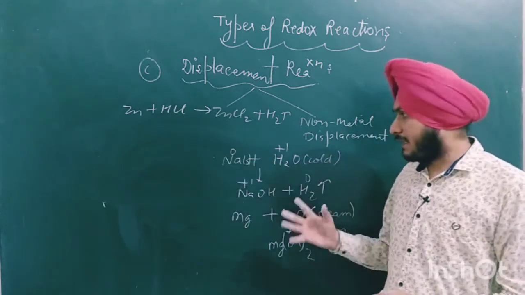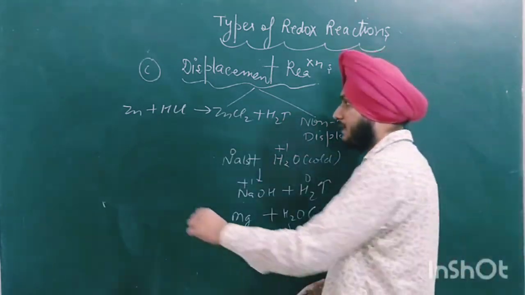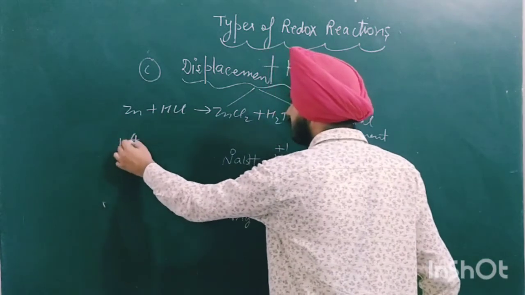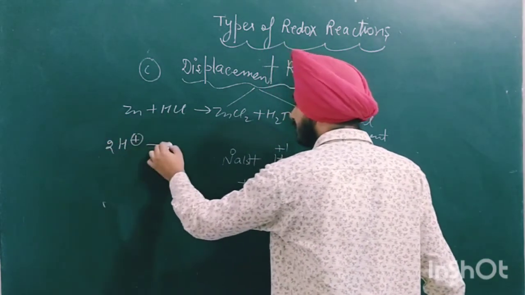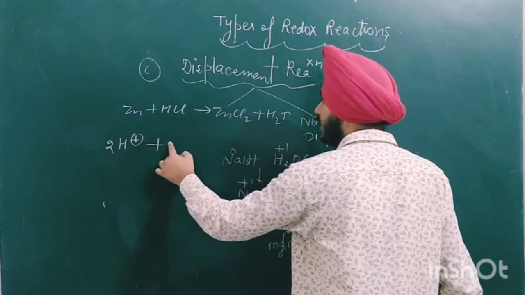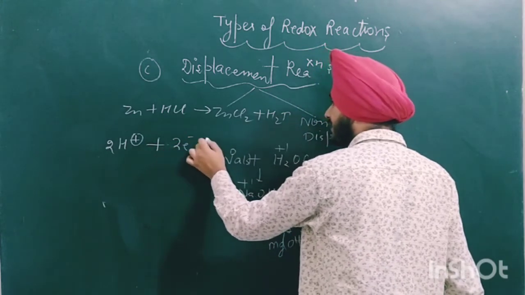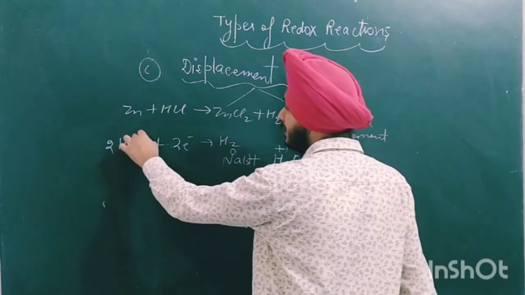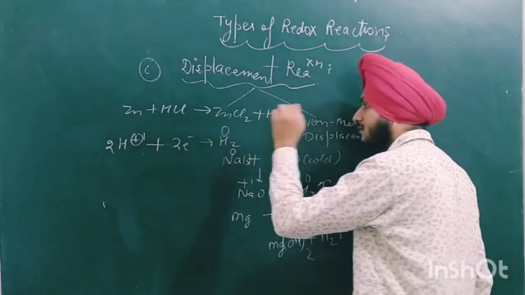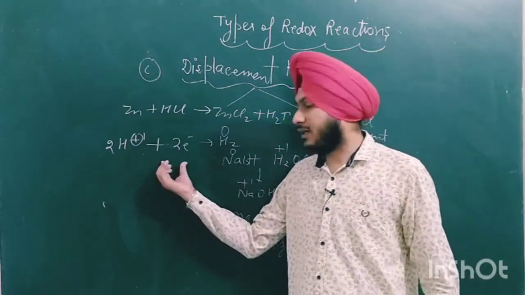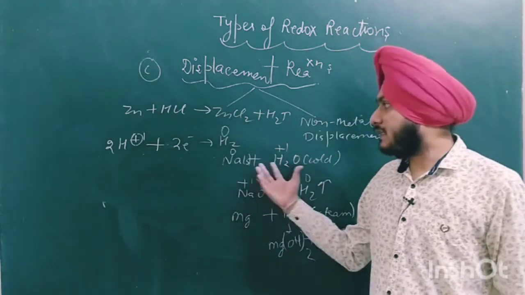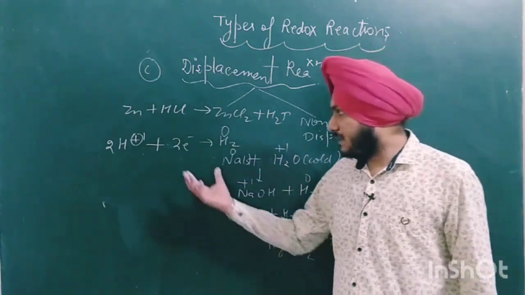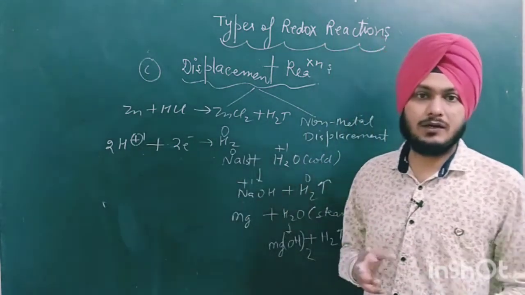Because the reaction is that 2H+ gets converted, by taking 2 electrons, into H2. Here hydrogen is in +1 and here hydrogen is in 0. It is taking 2 electrons, so reduction takes place. Now this reaction depends upon the availability of H+ ion.